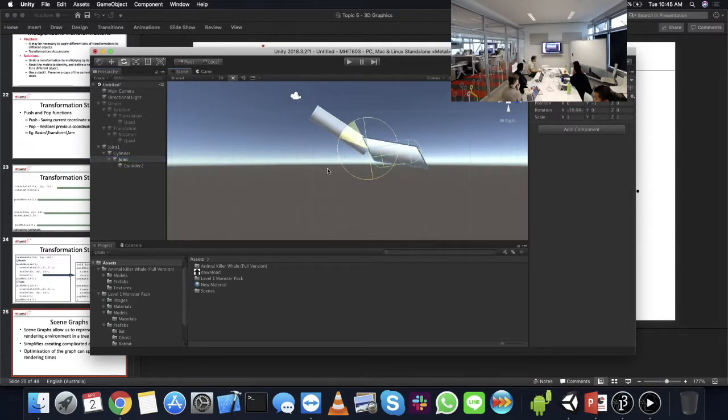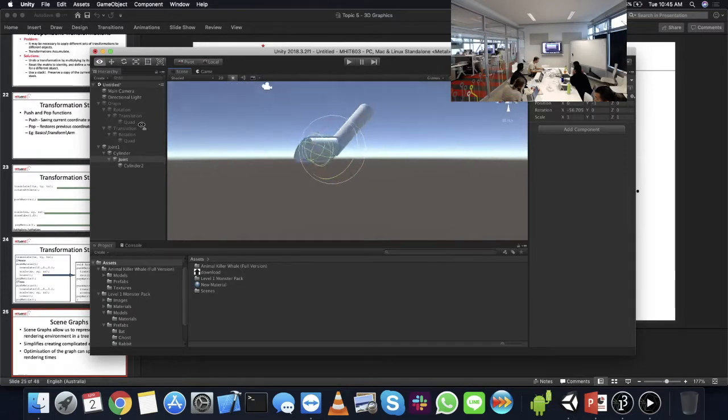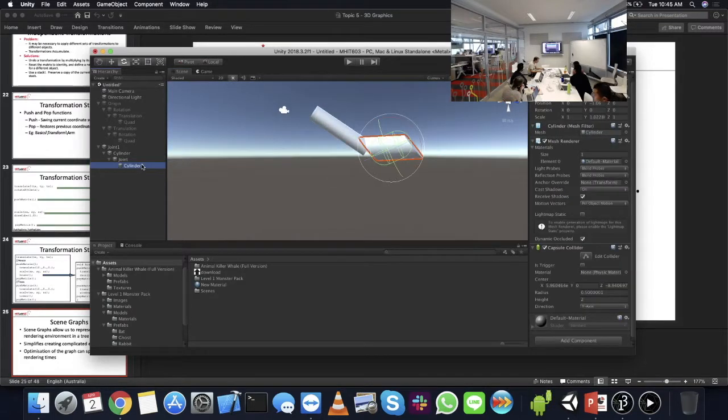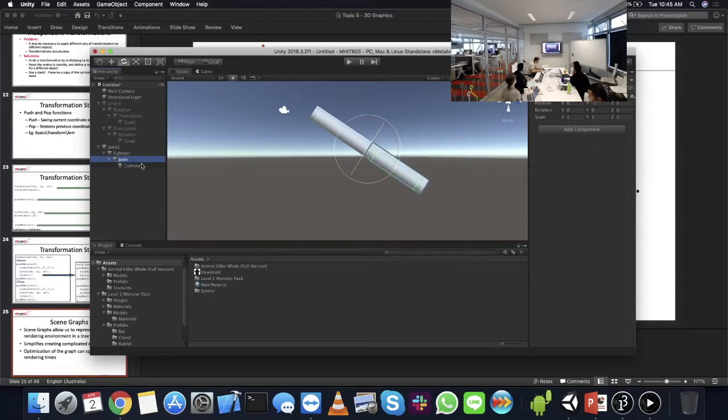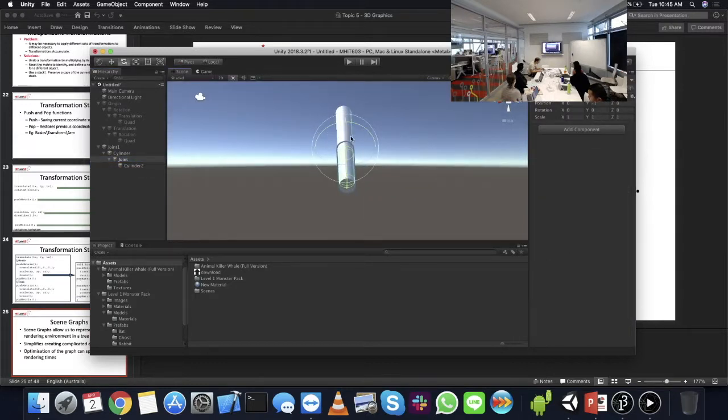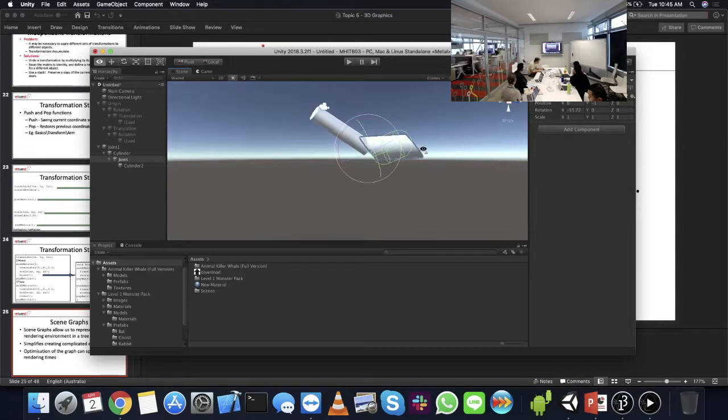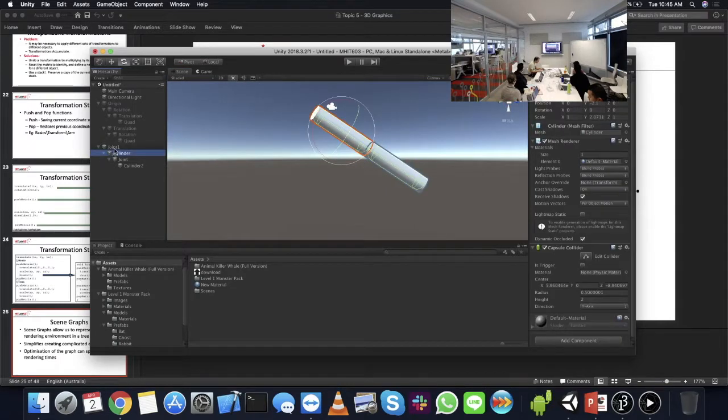If I rotate joint 2, ooh, what's going on there? That's really weird. Okay, I'm not quite sure what's going on there. That should have rotated around.